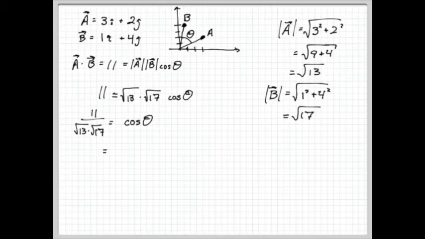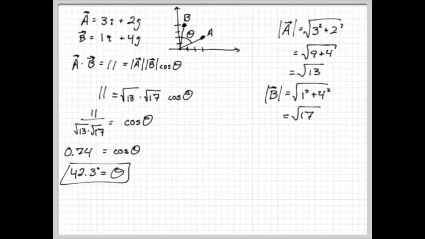Okay, so with a calculator handy, we're going to do 11 divided by the square root of 13 times the square root of 17, which comes out to 0.74. And then we've got to take the inverse cosine of that, and we get an angle of 42.3 degrees.